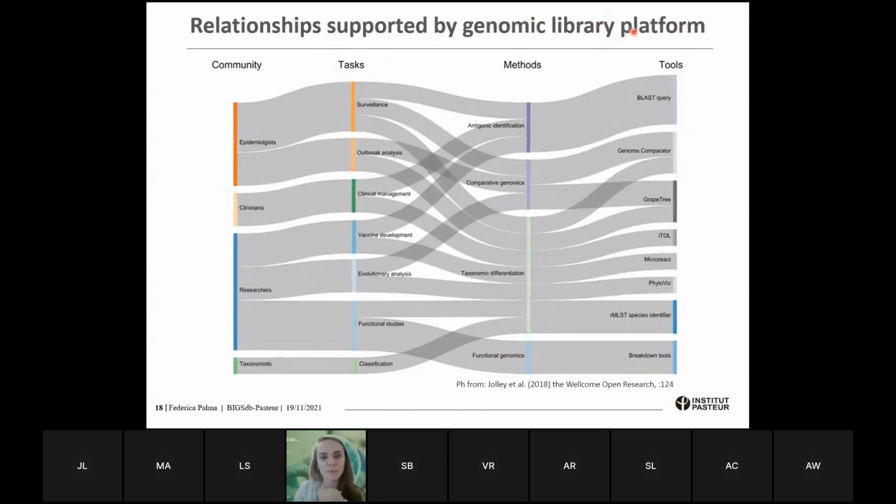And what is most important is that these tools are available through a graphical interface. So even for labs where the bioinformatics skills are limited, there is the possibility to still analyze their data and find meaningful information.